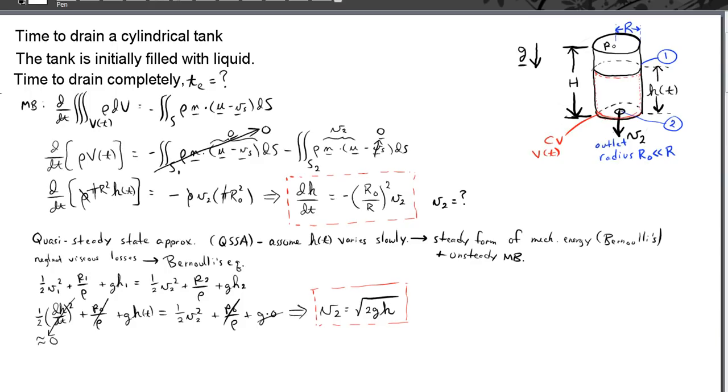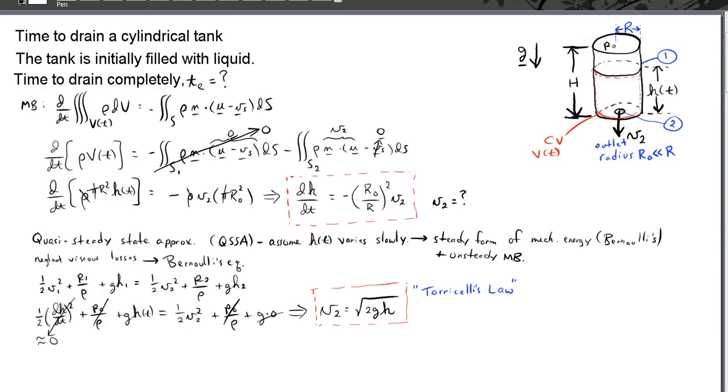And this was first derived a couple hundred years ago, and it's known as Torricelli's law. That's where the word torr comes from as well, measurement of pressure. So Torricelli's law assumes a perfect interconversion of potential and kinetic energy.